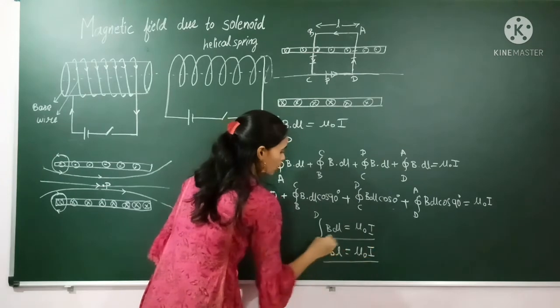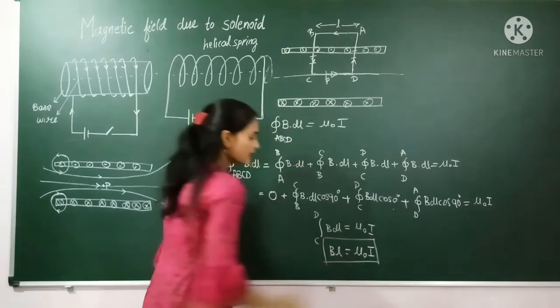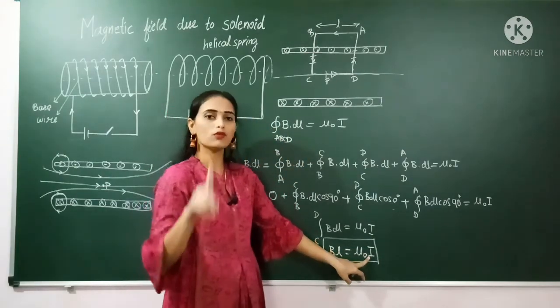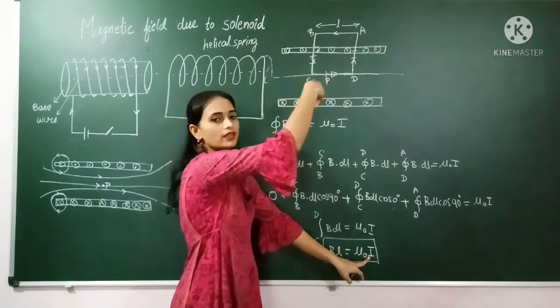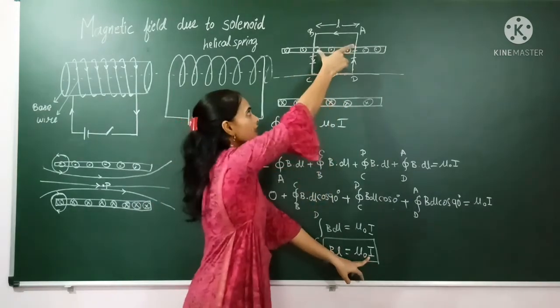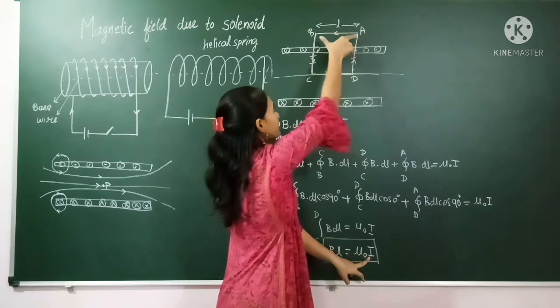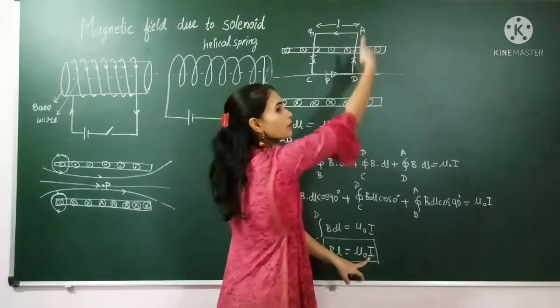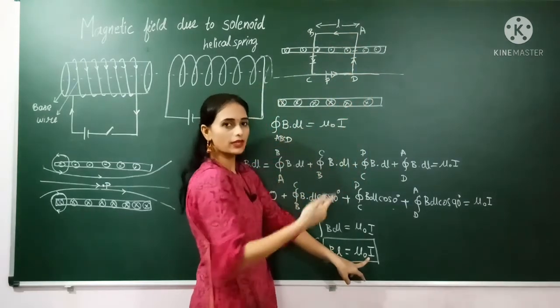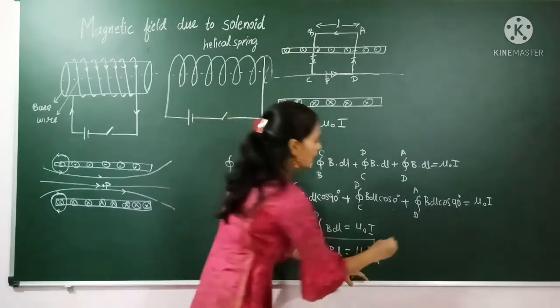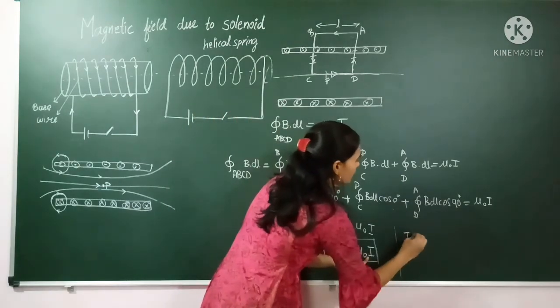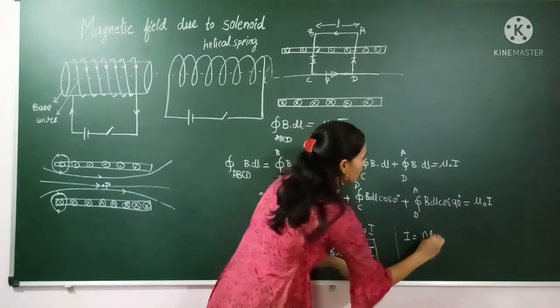This value we got, but here this I is the current in only one coil, and here we have N number of turns in L length. We have taken L length, and in this L length we have N number of turns. Then how much current is there, we can calculate: I can be written as NLI.